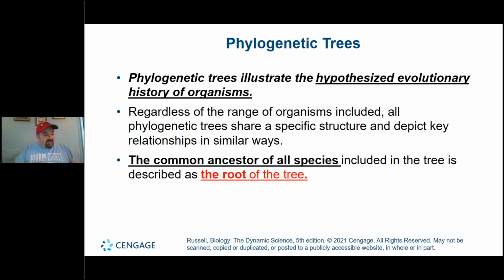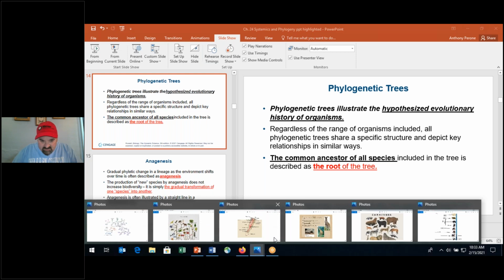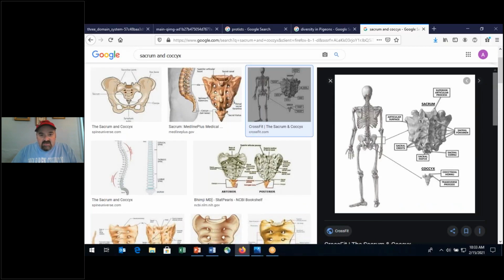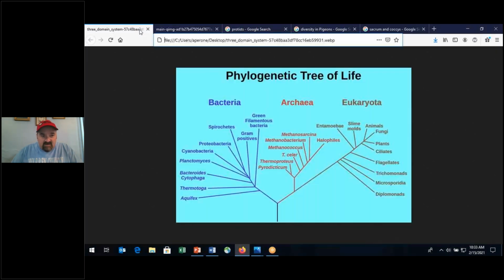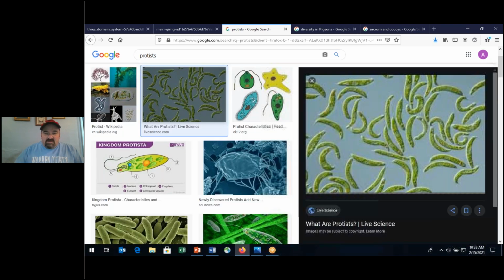Okay. So really, noticing the protists there, I wanted to show you. Let's see, I believe that I have images here. Yeah, here we go. Protists. So as we're looking at protists, we're looking at these tiny microscopic organisms.